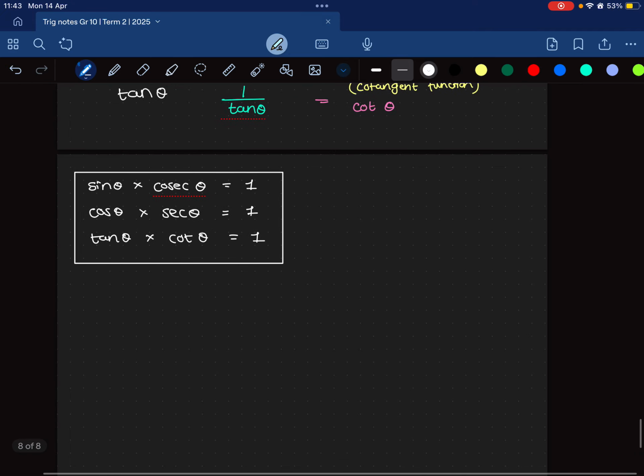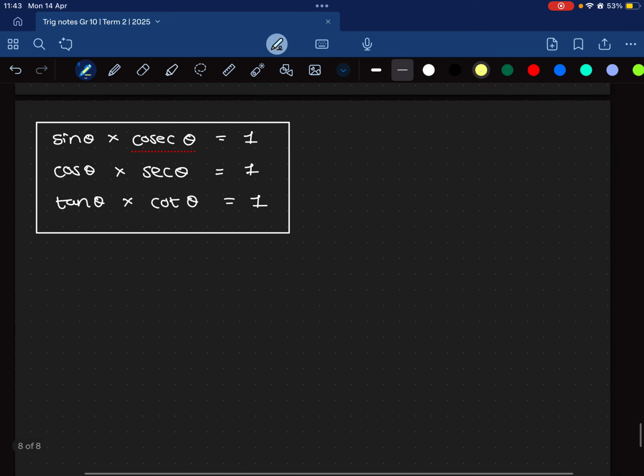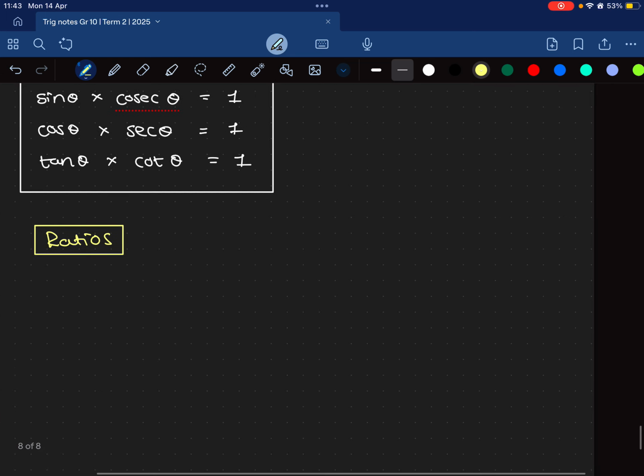Okay, so how do we relate this now to our ratios? Because remember, we use the trig functions in order to solve for ratios.